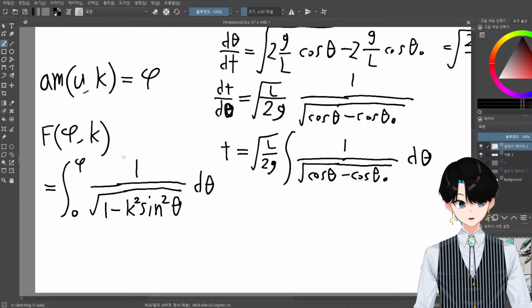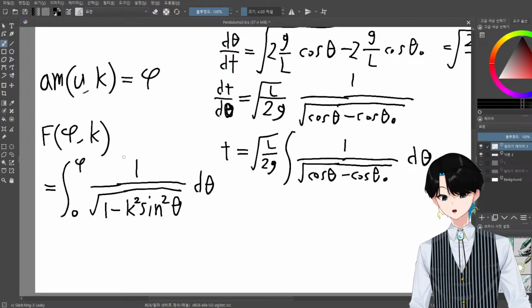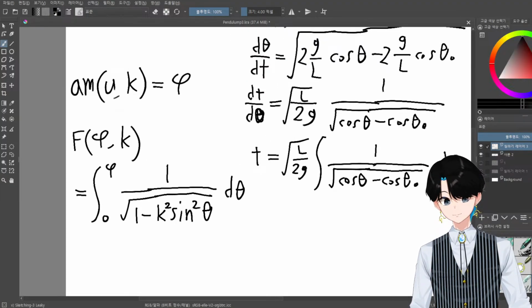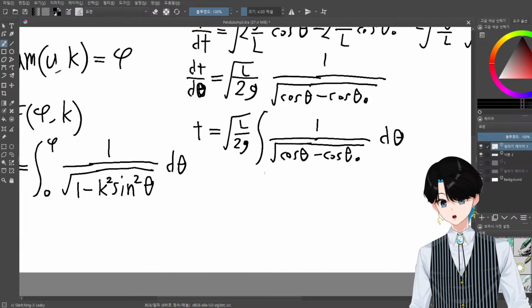This is the incomplete elliptic integral of the first kind. And if we invert it, it will turn into the Jacobi amplitude, where the outcome is the Jacobi phase angle. But look at this right here.